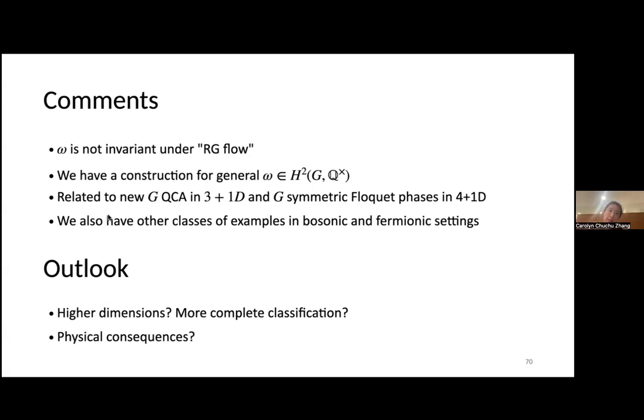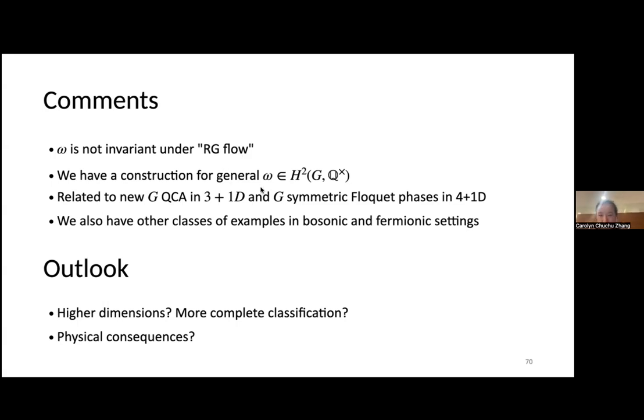Now, this index that we found here is not actually invariant under RG flow, which I can mention more about. This is related to the fact that certain operators on the lattice in the IR can actually trivialize. So you really have to be careful about this UV to IR mapping, especially with respect to lattice models and continuum field theories.